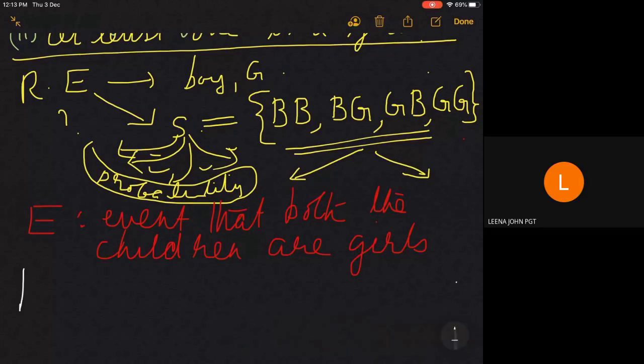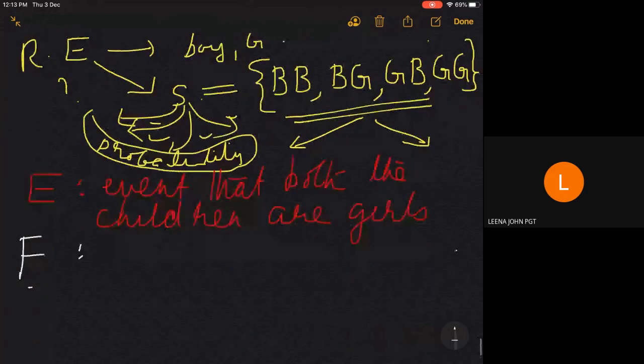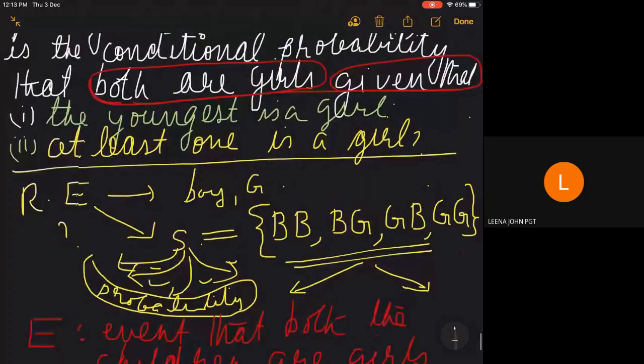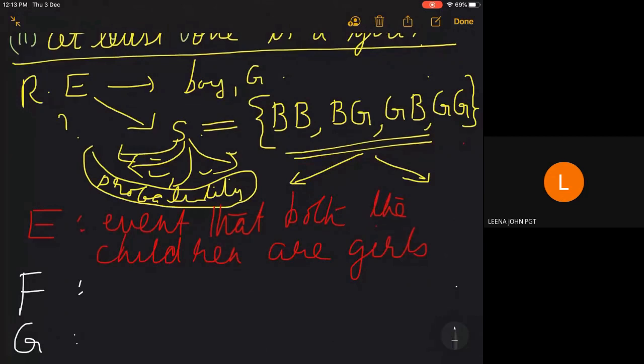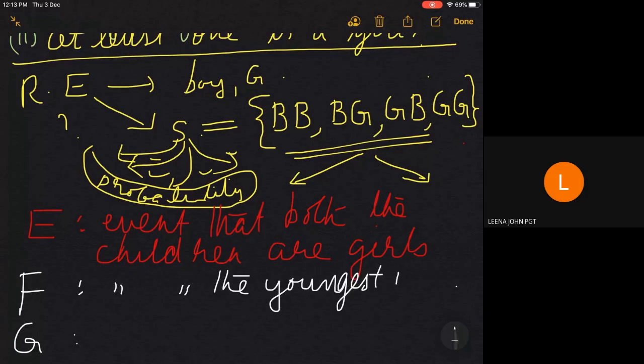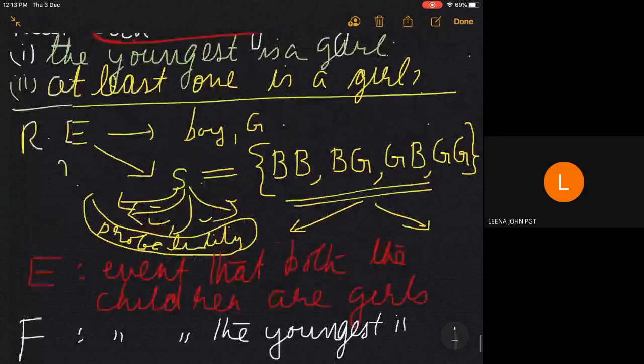Next you have to define 2 more events with the condition given that the youngest is a girl. So we can define F as the event that the youngest is a girl.